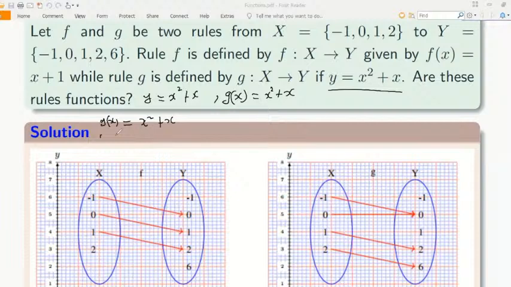What about G of -1? The object in X there is -1. So this will be -1 squared plus -1. But -1 squared is just 1. Then subtract and you get 0. So -1 will be assigned to 0. I want to write this one in another way. Okay? So what about the other object 0?